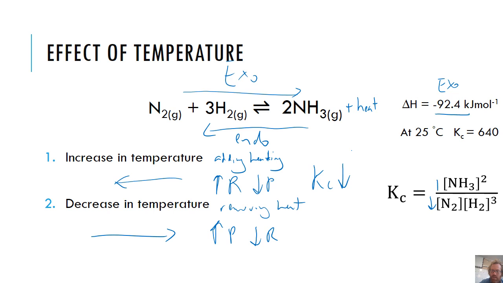That's going down, that's going up, so therefore Kc in this case will increase with decreasing temperature. But we can solve this scenario if we remember that increasing temperature favours the endothermic reaction, the key phrase which we can then use to work with this.